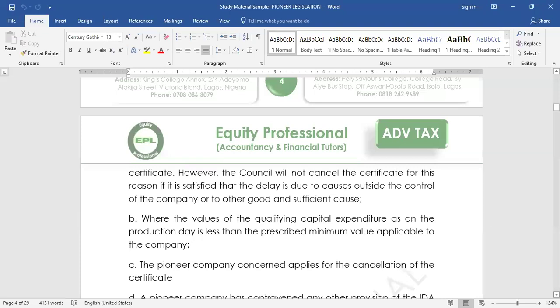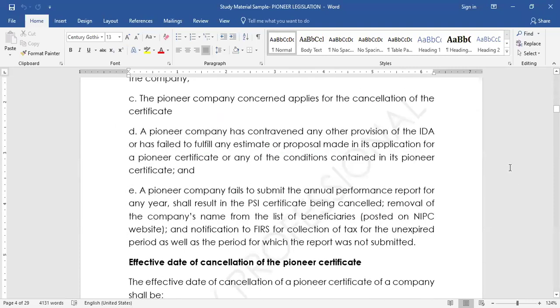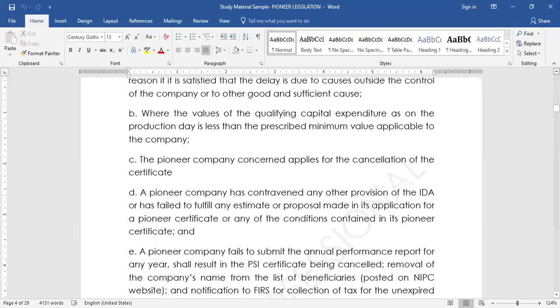I've stated non-current assets must not be less than 100 million. Do we understand? When the value of your non-current asset is less than 100 million, they will cancel your certificate. When the value of your qualified capital expenditure is less than the prescribed minimum value, which is 100 million, it will lead to cancellation of your certificate.